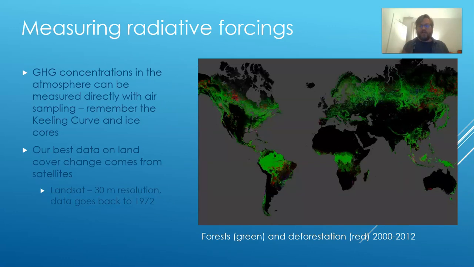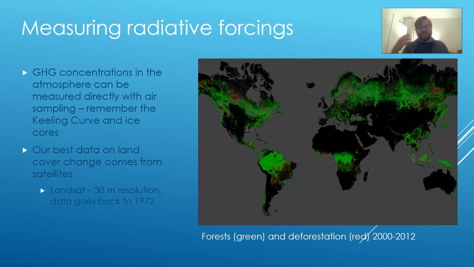So let's start with our radiative forcings. We've already talked actually a bunch about the kind of data that we can get to measure radiative forcings with respect to changes in greenhouse gases, right? We've talked about the Keeling curve and the use of ice cores to find those little bubbles of trapped atmosphere from the past, right? So those are ways of gathering data about the radiative forcings that come from changes in the composition of gases in the atmosphere.